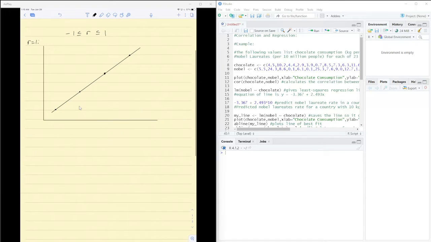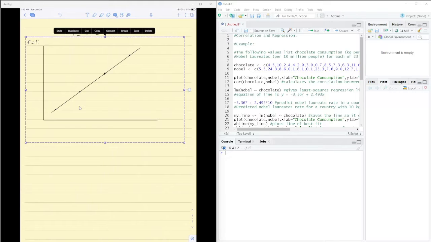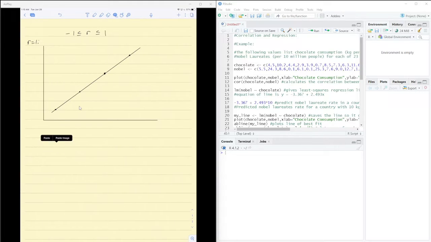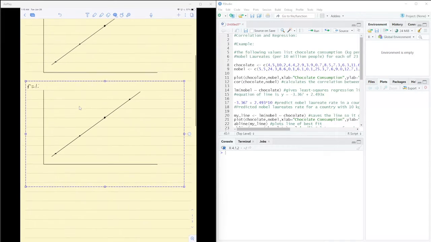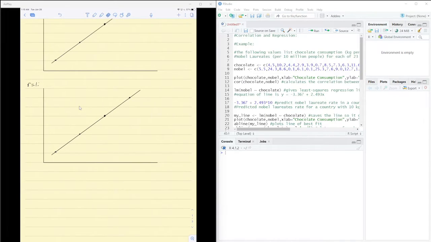Correlation of -1, I'll just go ahead and copy this. If I wanted to talk about correlation of -1, that would look like this, just with a slope in the negative direction. And it doesn't matter what the slope is.